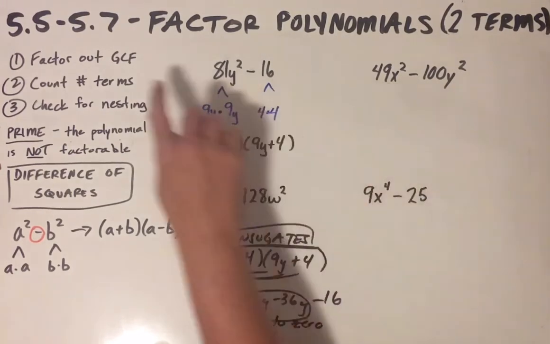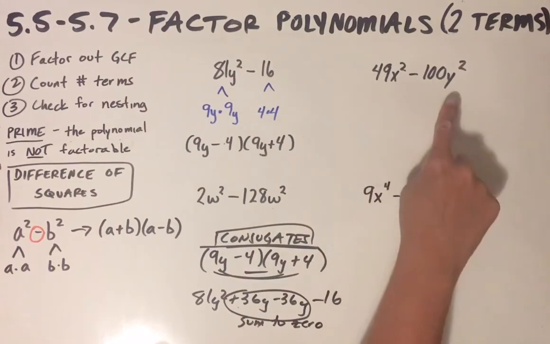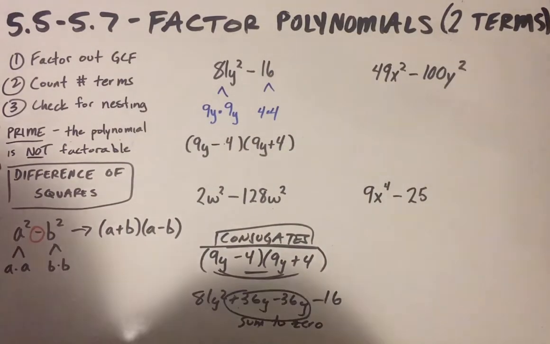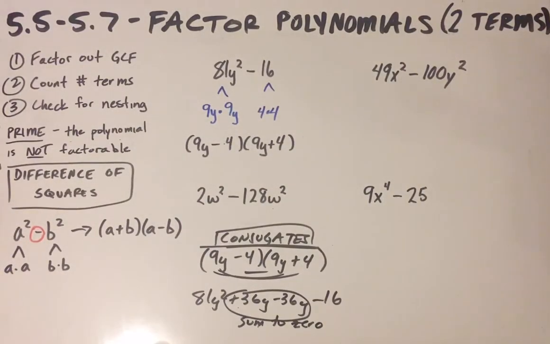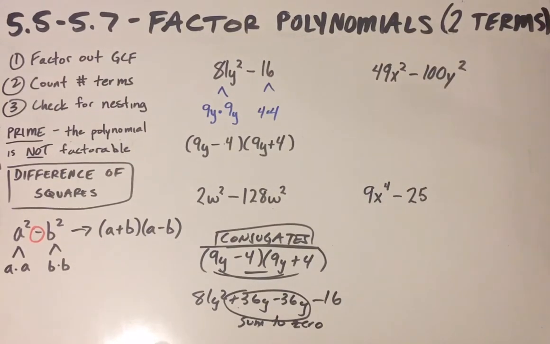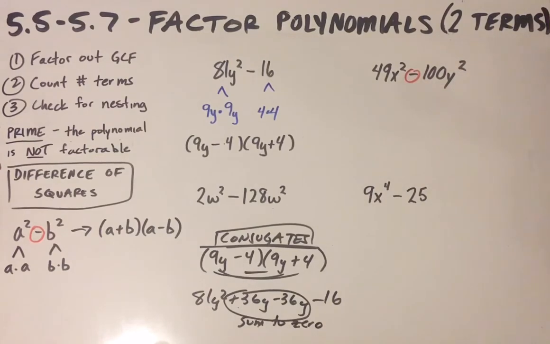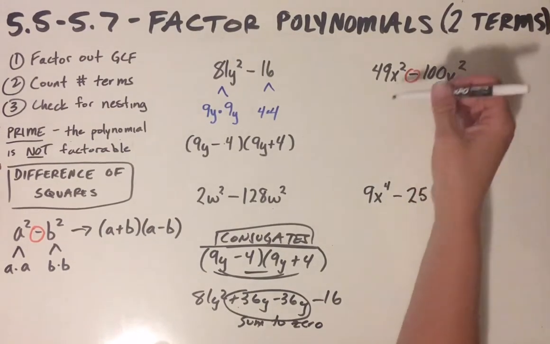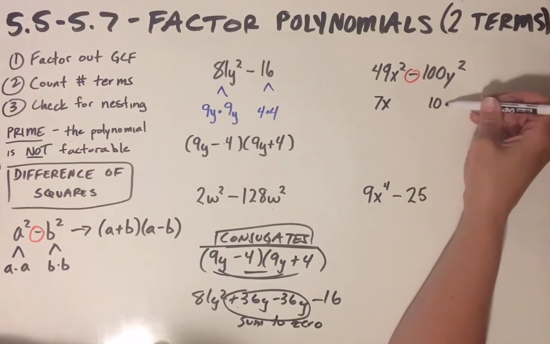Looking at this next one, I'm going to check it for a GCF. Factors of 49 are 7 times 7, and factors of 100 are 10 times 10. Those don't have anything in common, so I'm going to break them down and say this is a two-term polynomial with a difference sign here, so I can factor this, and I'm going to see if these are perfect squares. Well, this is a perfect square and the root is 7x, and this is a perfect square and the root is 10y.